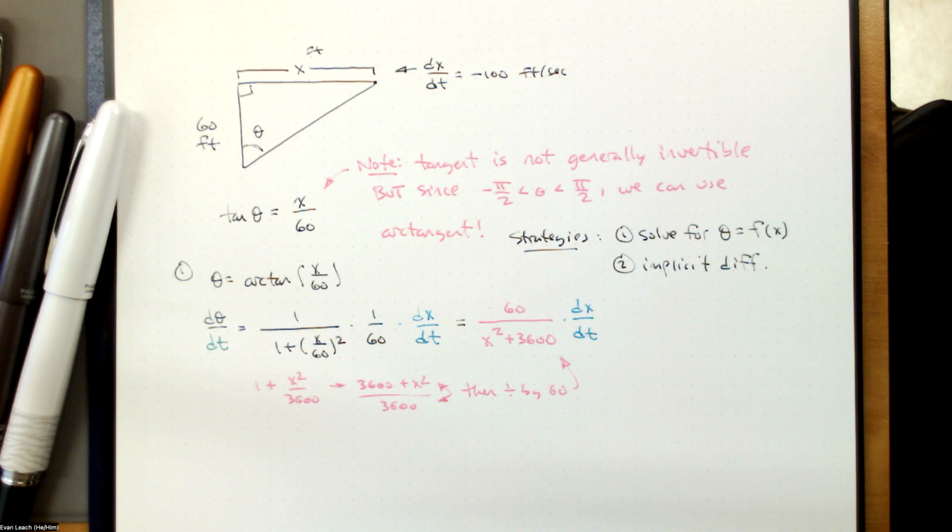So now for various values of x, we can plug in the different values of x that you were given here, and then multiply the 60 over that by the dx dt.